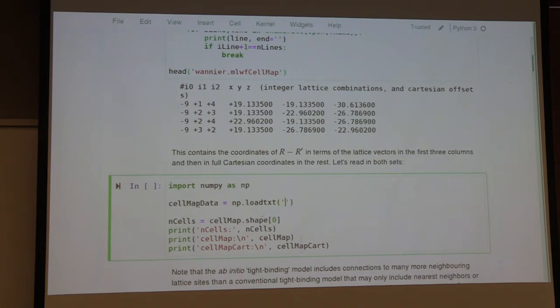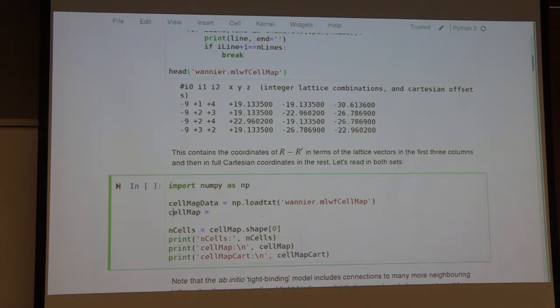This is a simple text file which just has tab separated data. Right? Then I'll pick up the lattice coordinate part, which I'll just call cell map, which is going to be cell map data, all rows and the first 3 columns. And I'll have the Cartesian part of it, which will be all rows, last 3 columns.